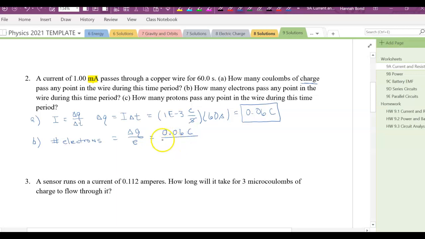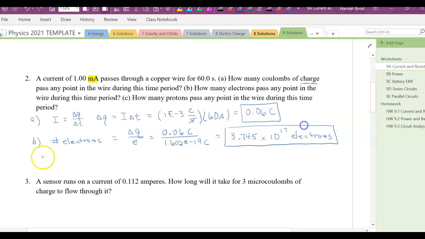The elementary charge is 1.602 e to the negative 19th coulombs. And so when I do that math, I see that there are 3.745 times 10 to the 17th electrons that are flowing past any point in the wire every 60 seconds.